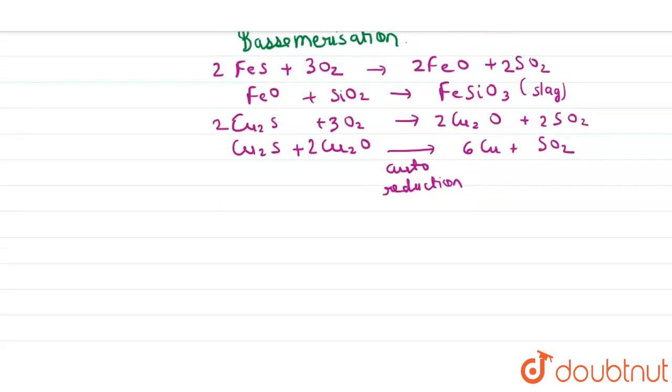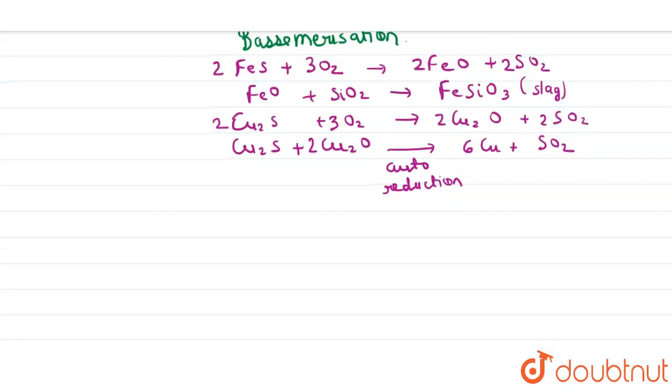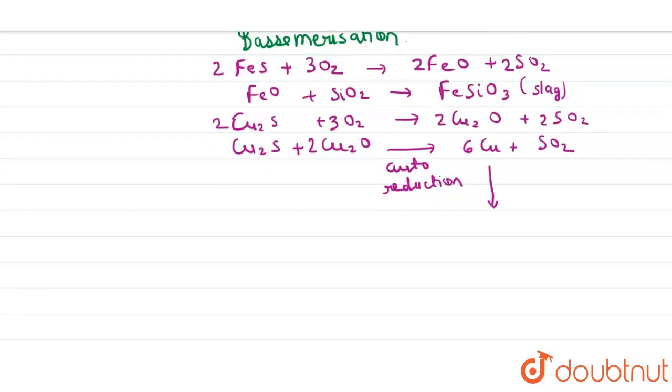This copper formed is called blister copper, which is the impure one.